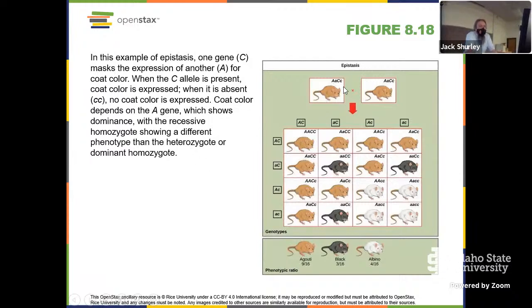So in this case, right, we've got two that are heterozygous, big A, big C, little c. The big C, doesn't matter if it's 1 or 2 copies, the big C flips the switch on, now we express the color. The big A, in this case, says, this is your color, right? This brownish color, right?